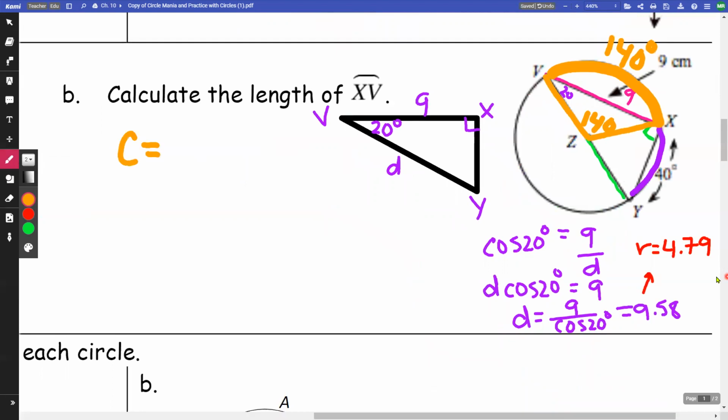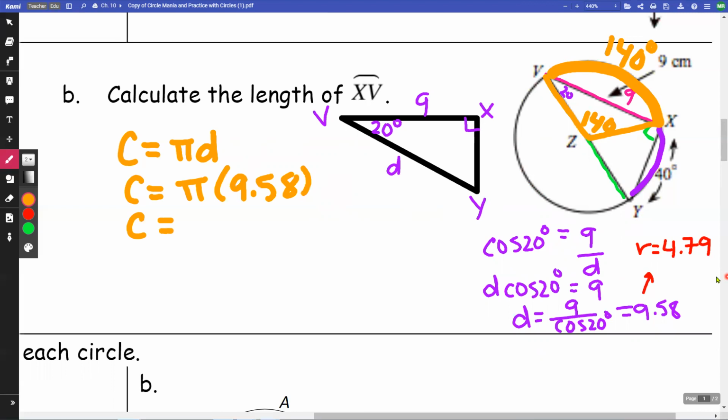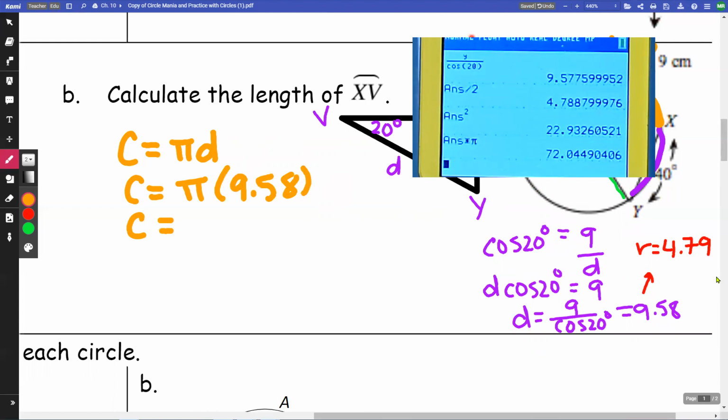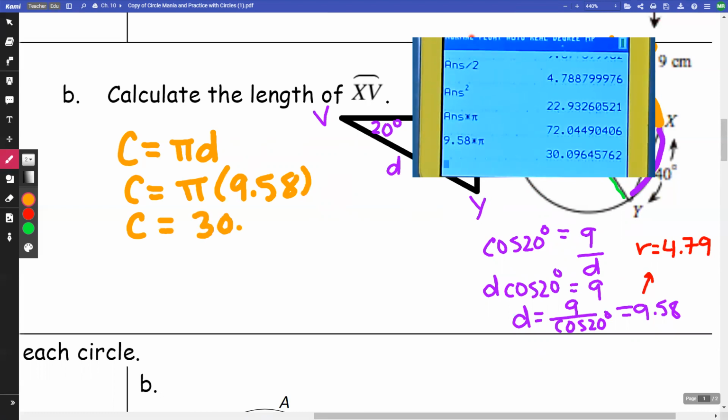Now, circumference is equal to pi times diameter, or 2 pi r. So I am going to take pi times my diameter, which was 9.58, and put that into my calculator. 9.58 times pi, and I end up with 30.10.